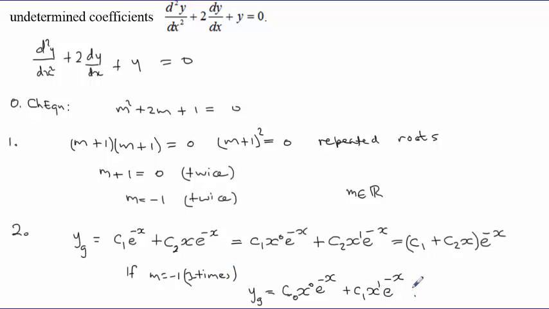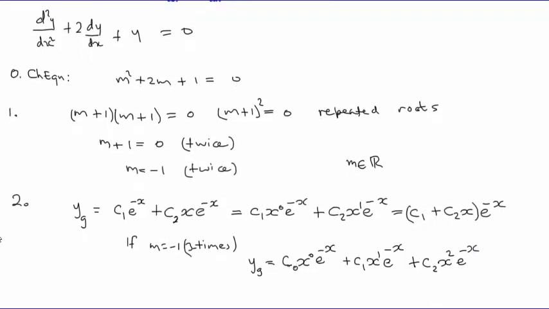Then it's repeated thrice, so you go to using it the third time. Then you say C2 x to the power 2, e to the power minus x. Simplifying this, we are going to have C0 plus C1 x plus C2 x squared, which is simply a polynomial of order 2, one less than the number of repetitions.